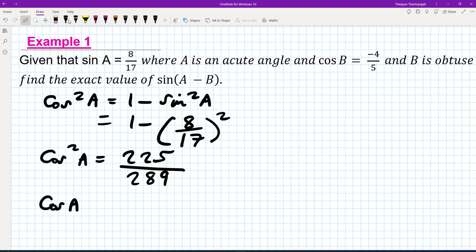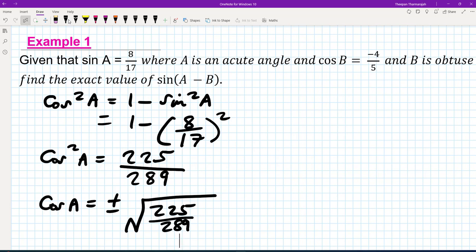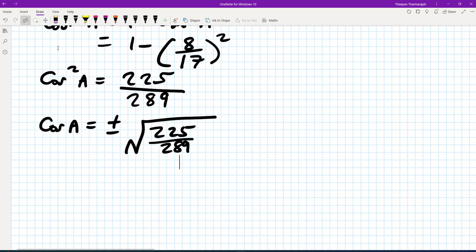So cos A is plus or minus the square root of all of that, which will give me cos A is equal to plus or minus 15 over 17.